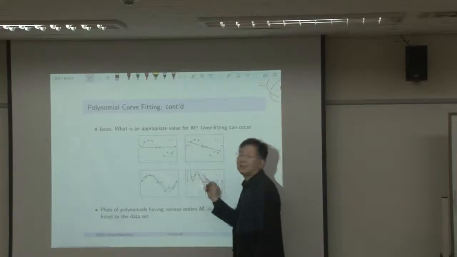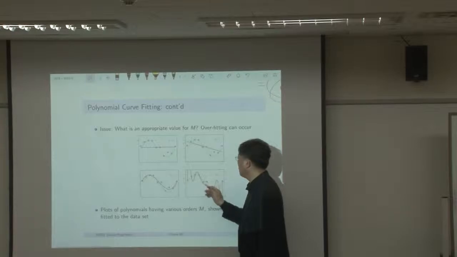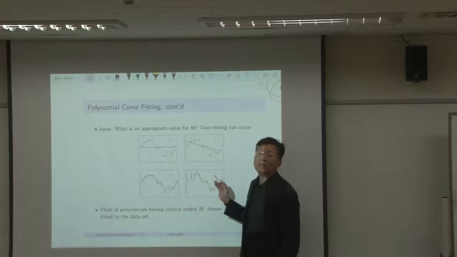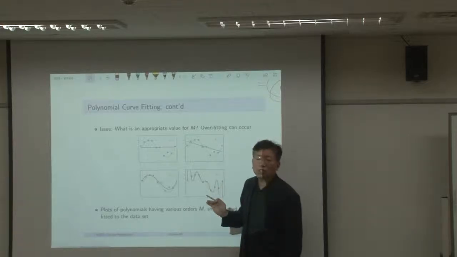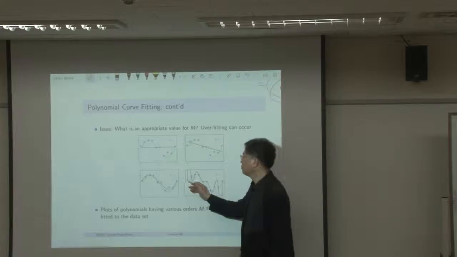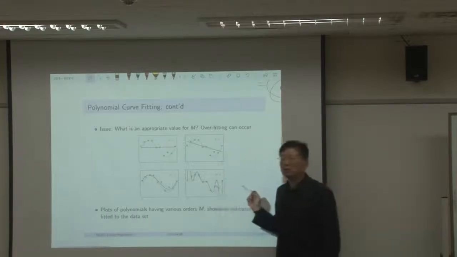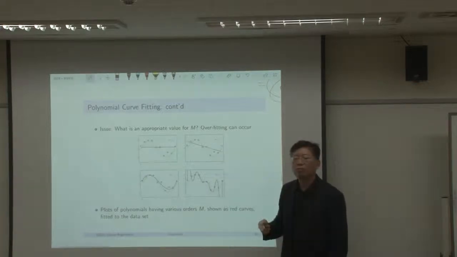Because I have 10 data points, and a 9th order polynomial has 10 coefficients. 10 variables, 10 coefficients, so I could fit them perfectly. But you can see that it's going crazy at other points. Is this going to have good generalization? No.